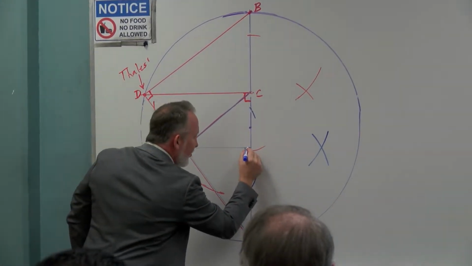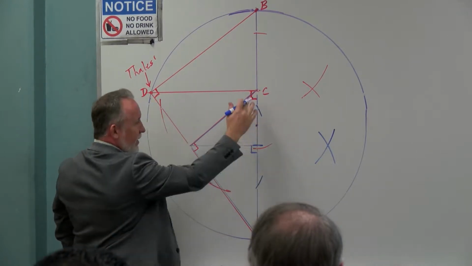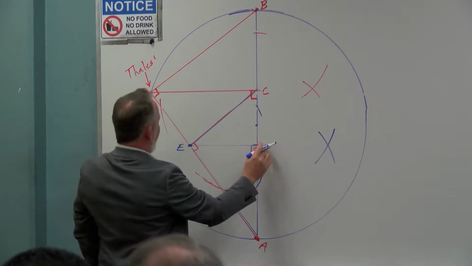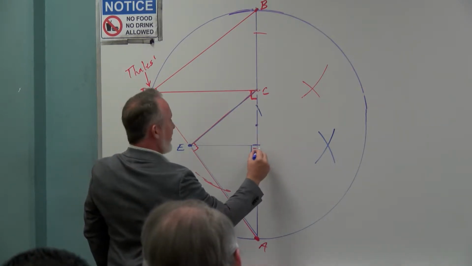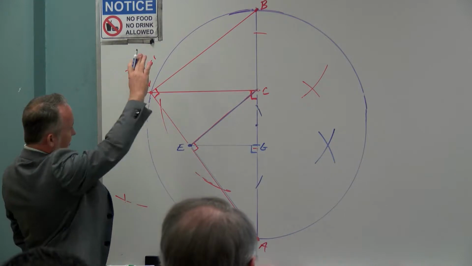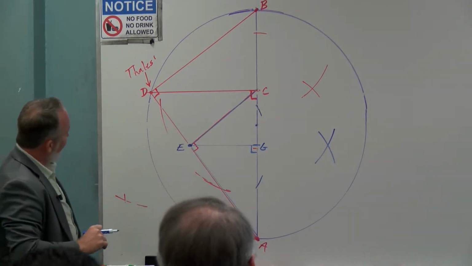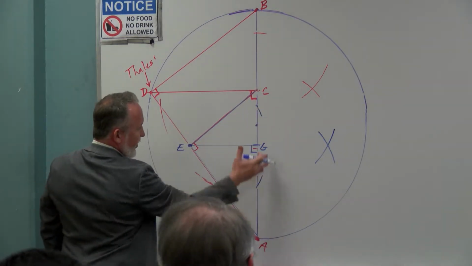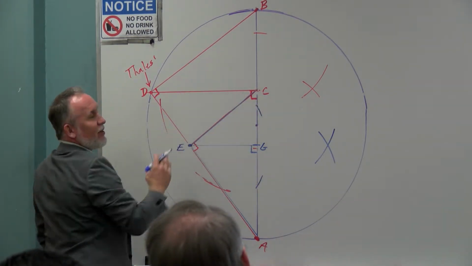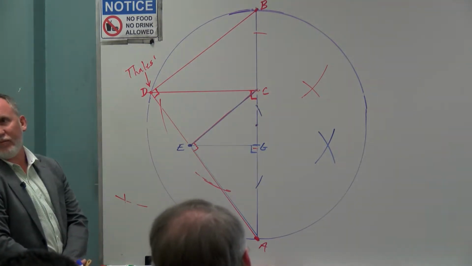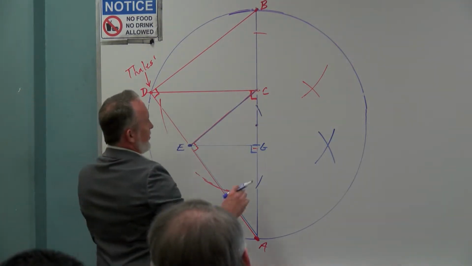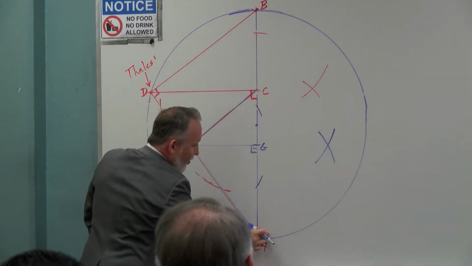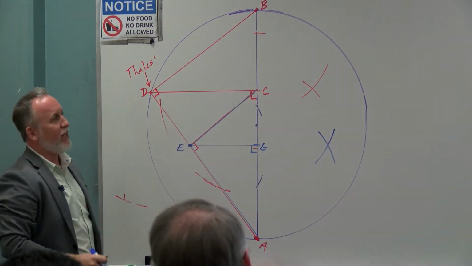So now AC, and we're going to call this E, and I'm actually going to call this G, because I have things in my notes. So now this lower section has been divided by the same ratio. This is to this as this is to all of this. They're in the same ratio.